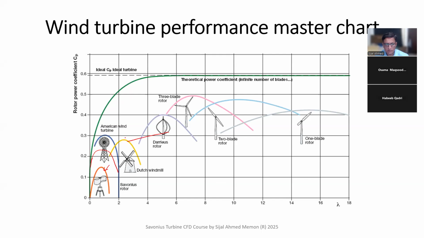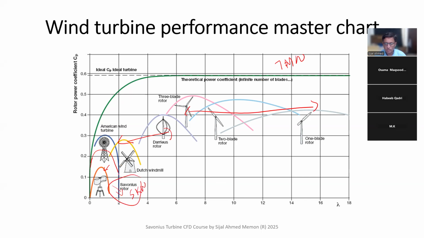These are all vertical axis wind turbines, and the most efficient wind turbines that you can see on the large scale are the horizontal axis wind turbines, producing 7 megawatts or more. Okay, and small wind turbines like the Savonius wind turbine are limited to 5 kilowatts, and they are only used for domestic purposes.